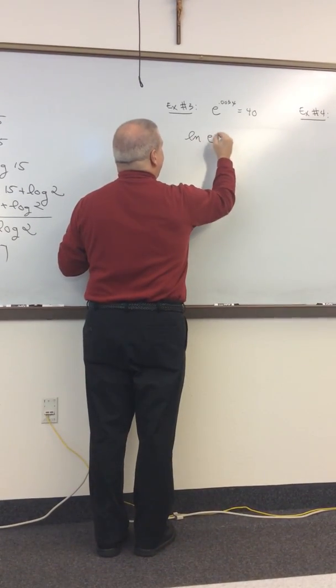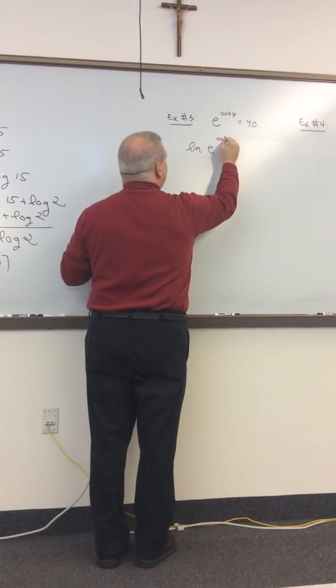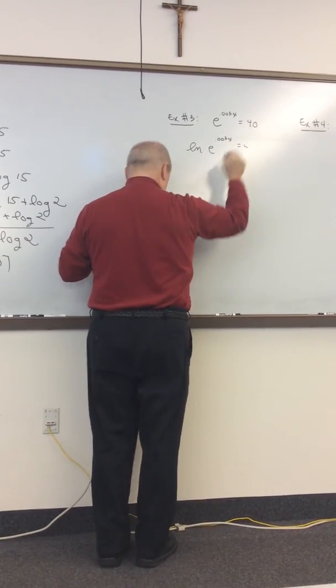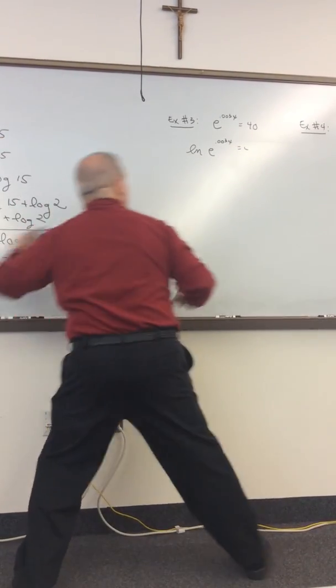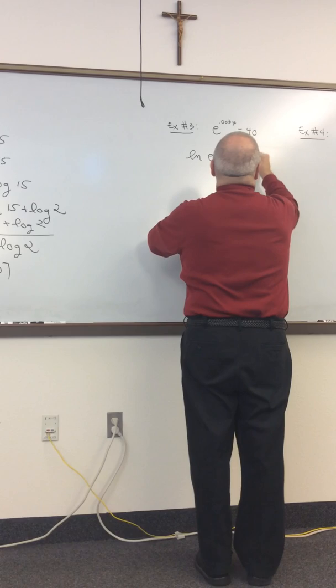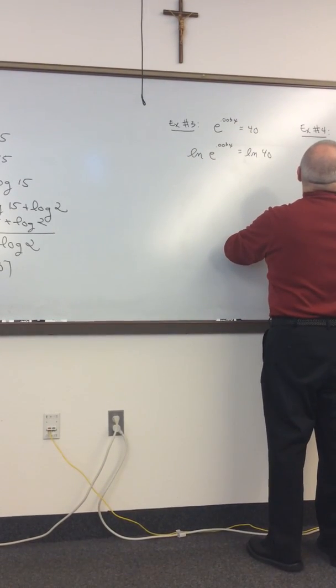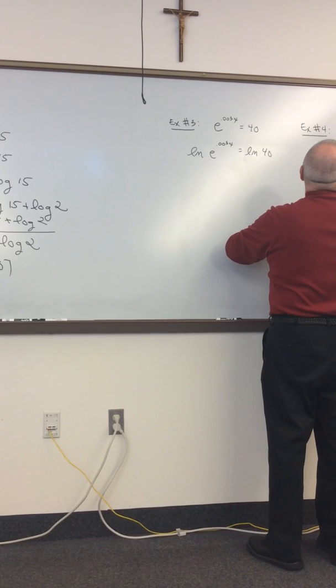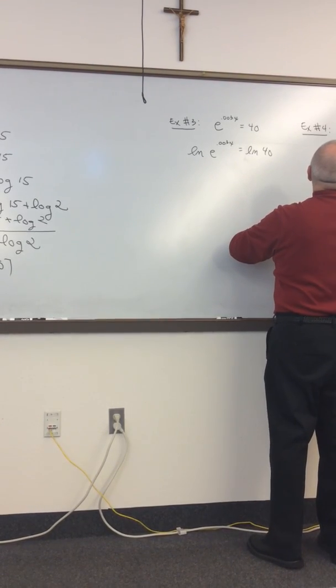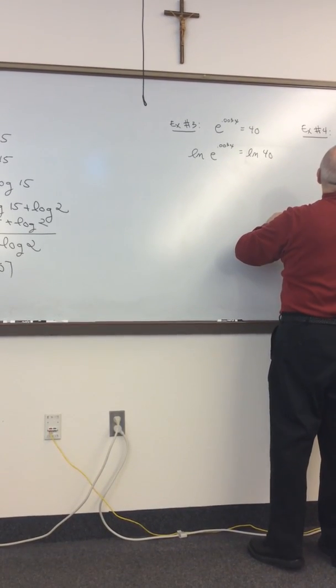So go ahead, you're writing on the paper. Natural log of e to the negative 0.01 times x equals natural log of 0.38.